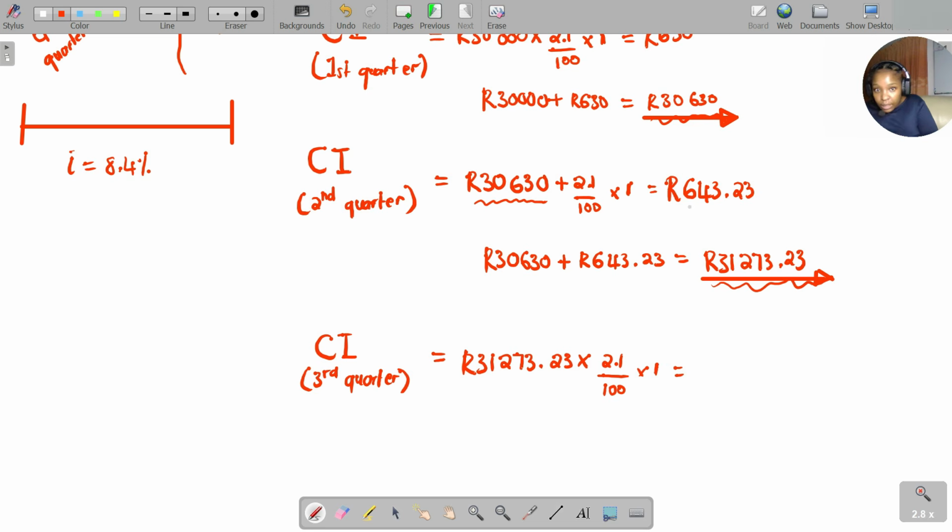Okay, what do we get? We get that the interest that will be added in the third quarter is 656 rand, comma 73783, right?